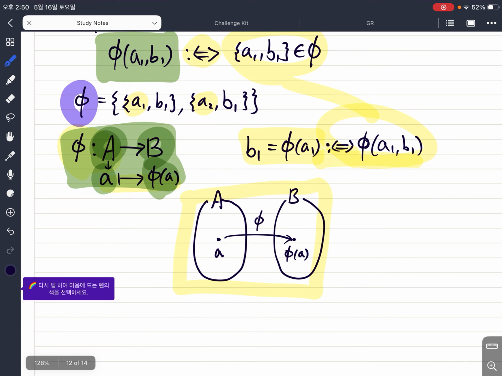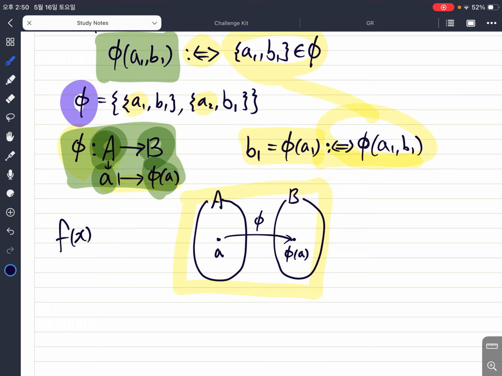So when you were young, you wrote something like x equals x squared. So this is good, but in fact this is bad because we don't know what the domain is. The domain can be just integers, just real numbers, rational numbers, irrational numbers.